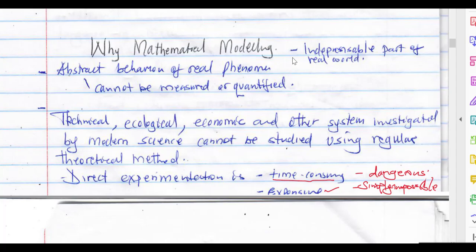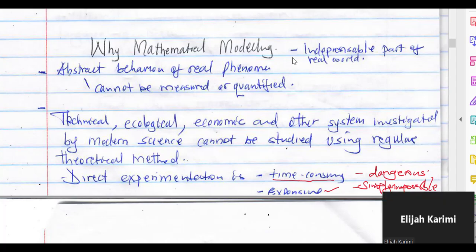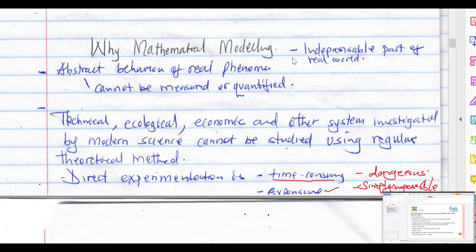Then direct experimentation is time consuming, expensive, dangerous, and sometimes simply impossible, meaning that there are some experiments you cannot do. For example, you cannot take a real aeroplane and try to measure its tension.